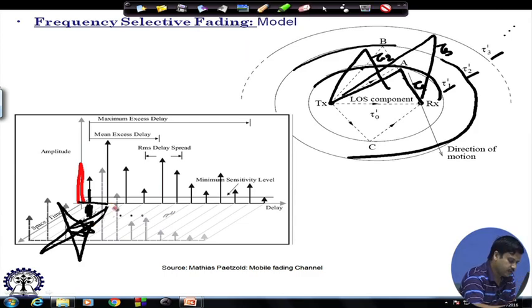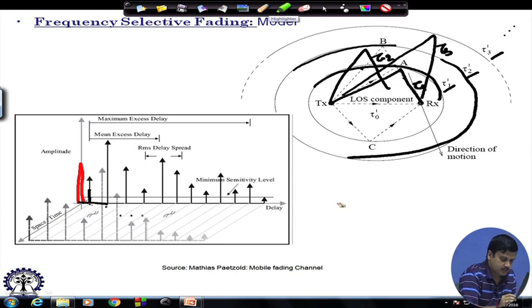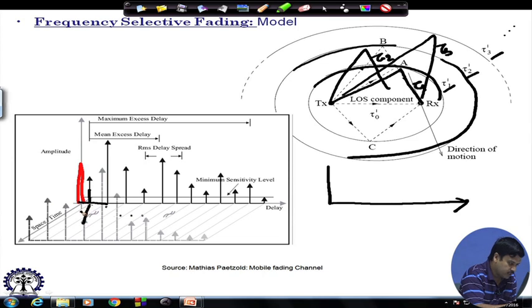This is what we have explained in the previous class, and we have also drawn a diagram where we tried to explain that this is the t axis, and if we take one of these, that means let us take this particular multipath.